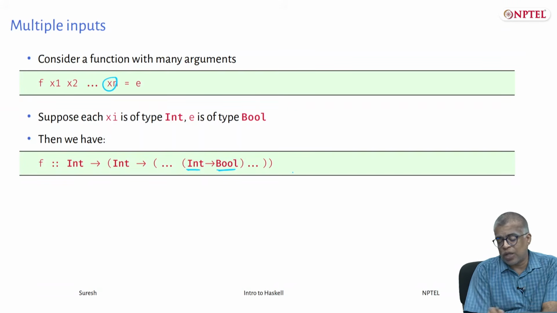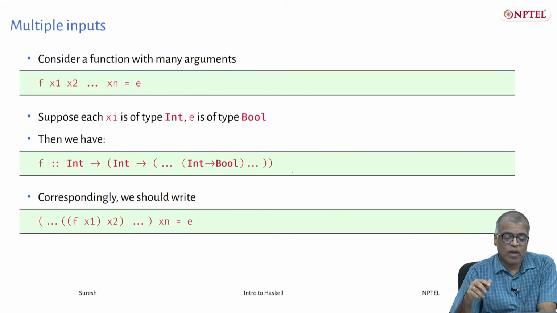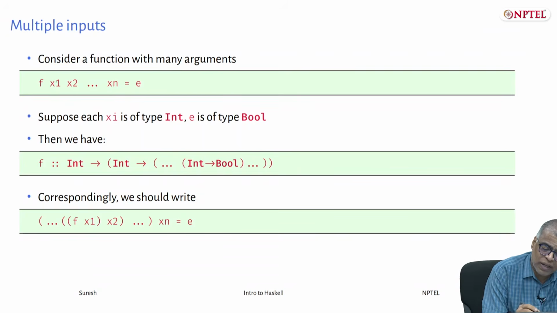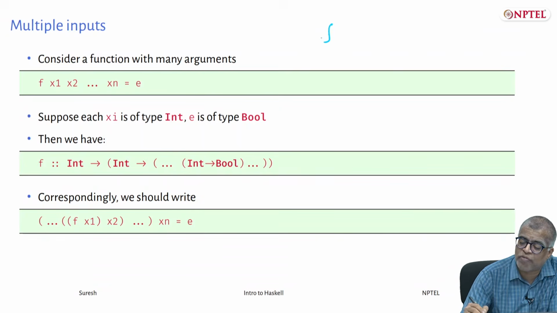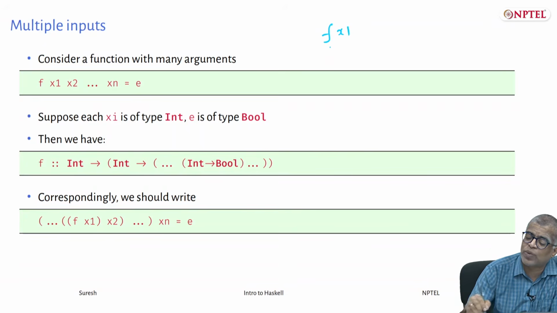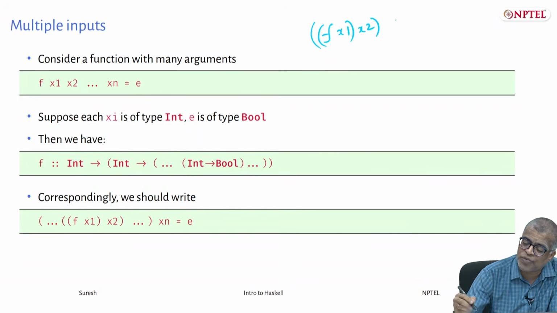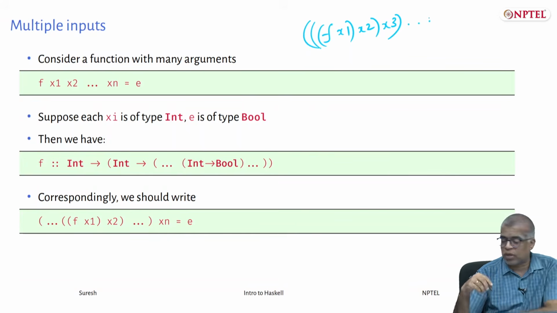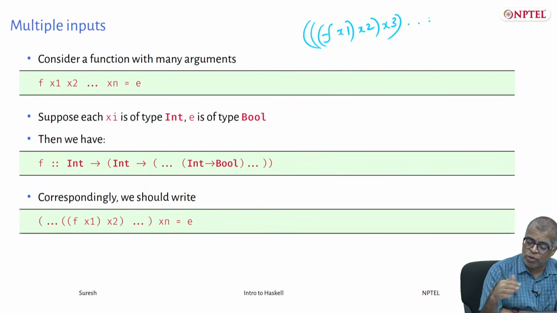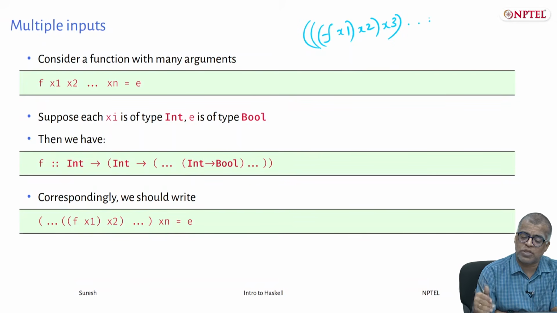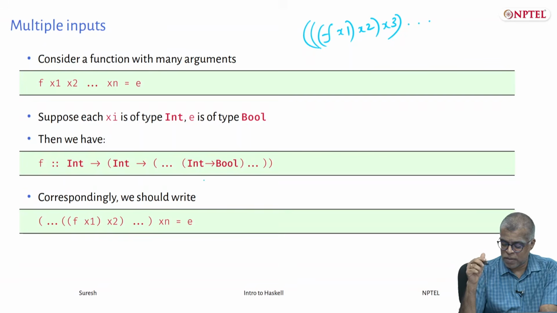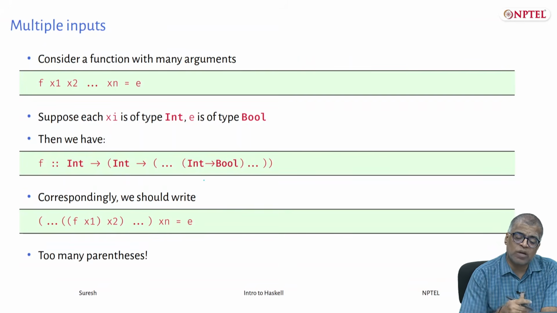Okay, so there are all these nested parentheses. Correspondingly, you cannot write this, you should actually write f x1, because f x1 returns a function, so that can be applied to x2, that returns a function, so that should be applied to x3, and so on and so forth. So you have to put parentheses both when you apply functions to arguments and also when you specify the types, right? But this becomes unwieldy.